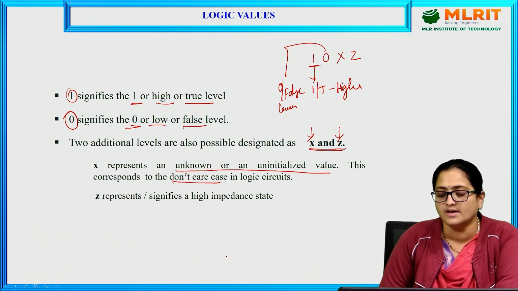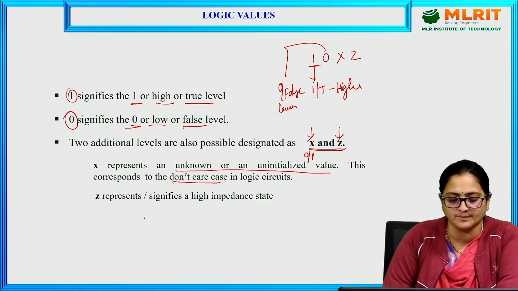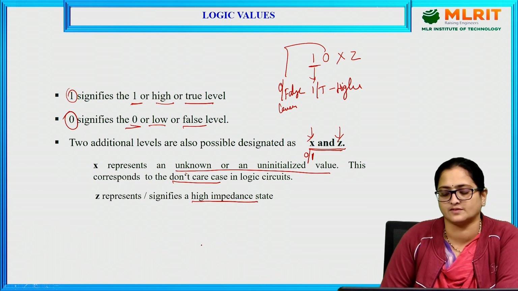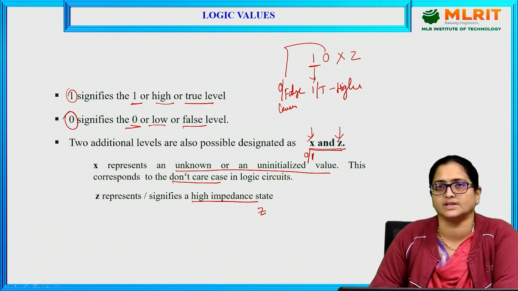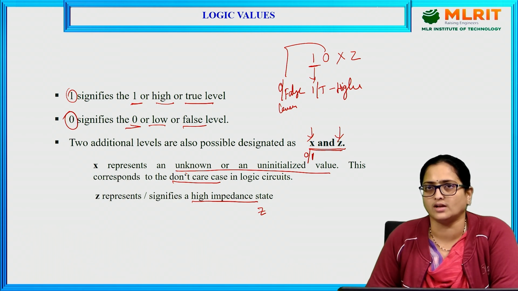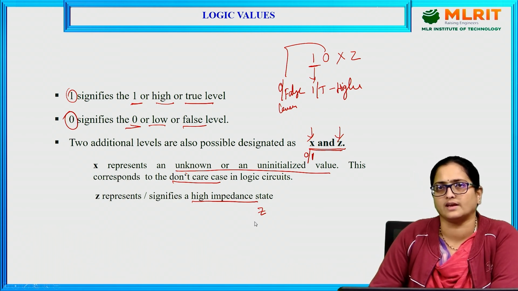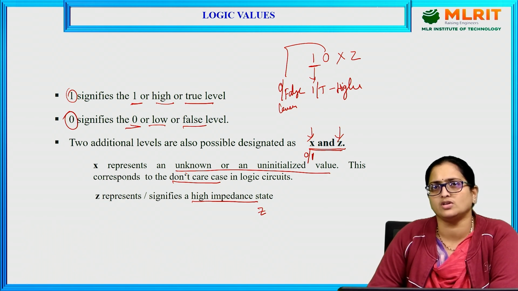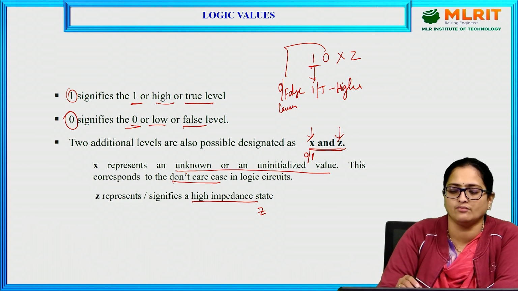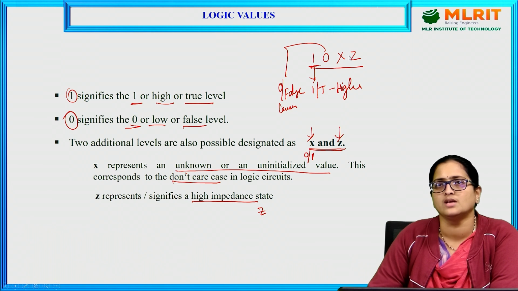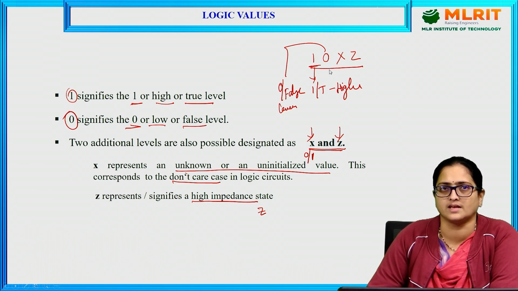That is, we don't know whether it is 0 or 1, maybe 0 or maybe 1. And Z represents a high impedance state. These are the 4 logical values which are used in digital circuits. Here, Verilog is a high-level programming language which can be written to execute the digital circuits. So, in digital circuits, we'll be using 4 logical values which are 1, 0, x, and z.